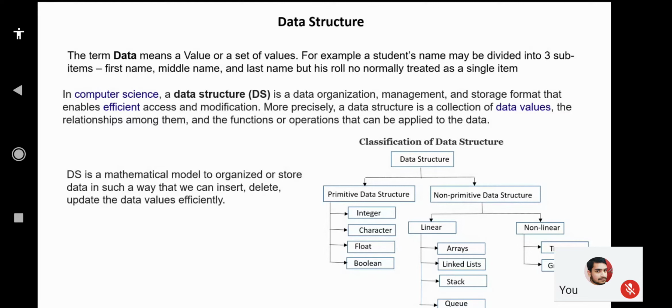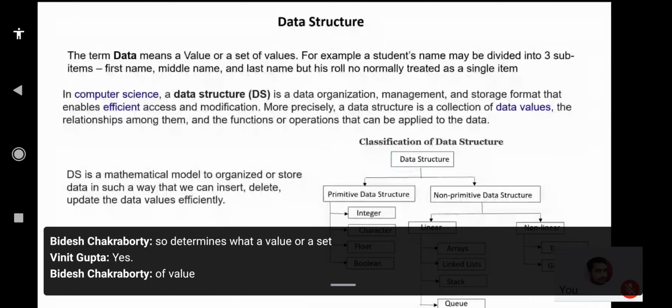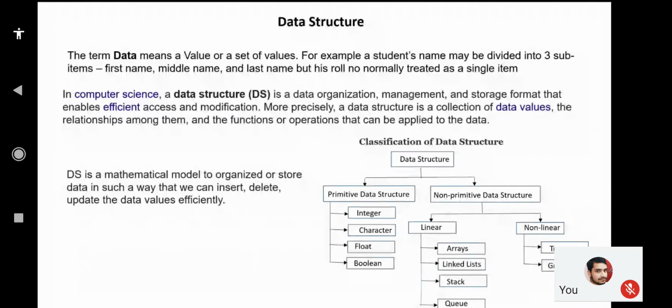Is that clear? Yes, sir. So that's why we have different data structures to store or manage different data in such a way that we can access efficiently.